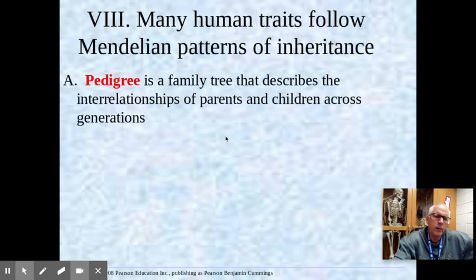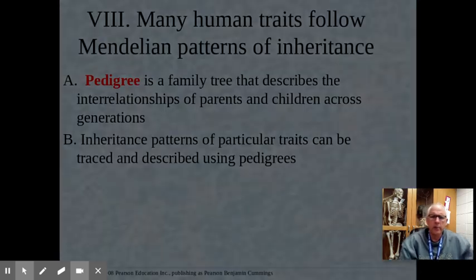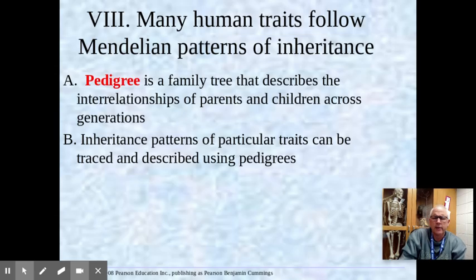So that's kind of what we're talking about. I just kind of want to introduce this one. I'm a little bit ahead of myself because I haven't even got to this in my traditional class yet. So many human traits do follow some patterns of inheritance. There are a lot of things that are predictable, even though it's complex, and you can have this epistasis and polygenic and all these different things going on.